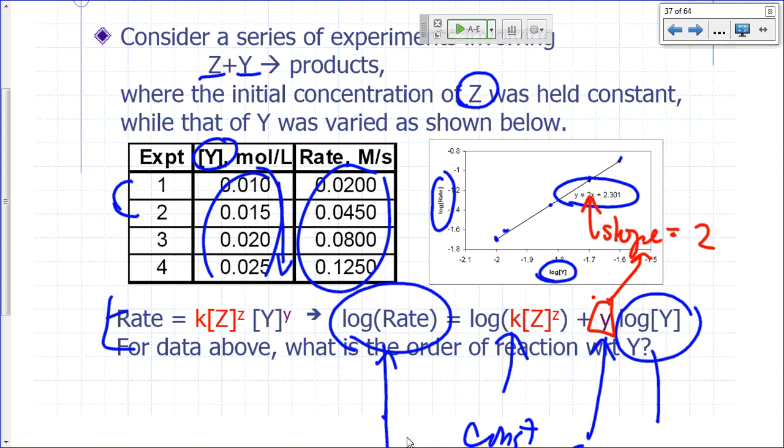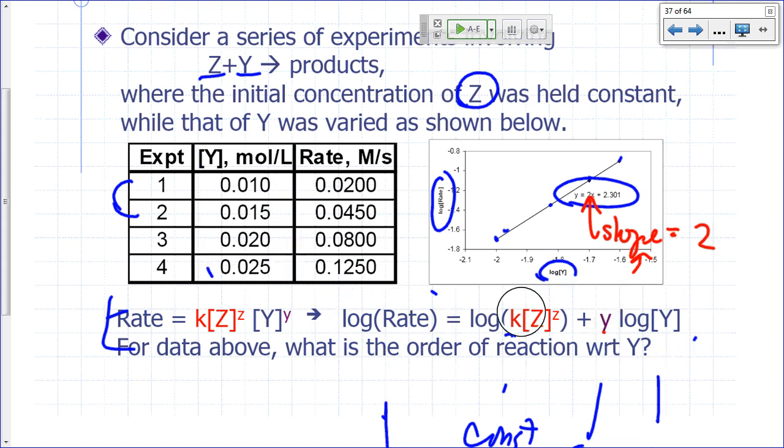Okay? Can we easily see that from this data? Can we just eyeball our data and see that it's actually, in fact, second order? The quickest way to do that is to look at what happens when you double the concentration of y. From 0.01 to 0.02, what happened? It becomes 4 times larger. From 0.02, it became 0.08. So 2 squared would be 4.